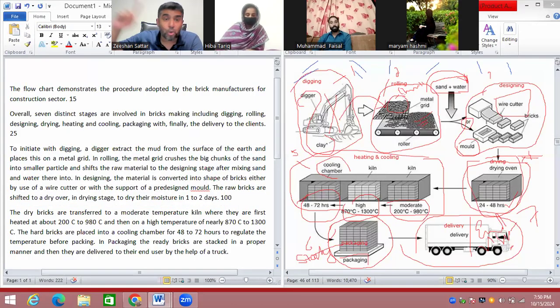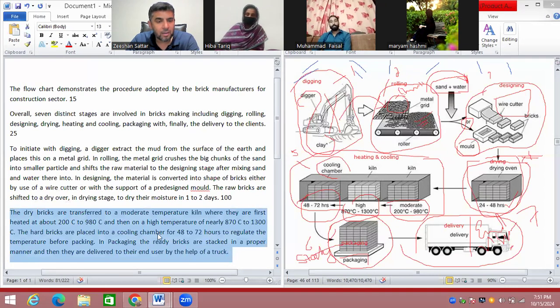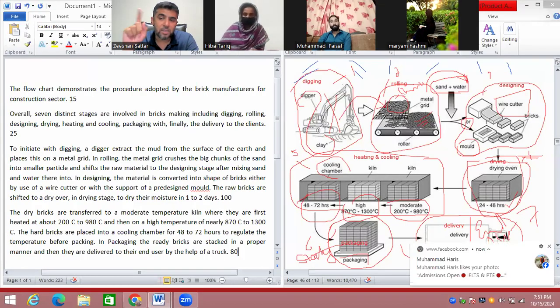The same thing that I told you on day 1 when I started the subject. If somebody did not attend the lecture, go to YouTube or Google and type how to write IELTS writing task 1 summary by Zeeshan, and you will get the whole bifurcation of the 4 paragraphs along with the time we need to spend, the words there will be, and the formulas of writing. So 100, and then 80 is in the second paragraph. If we follow the formula, the explanation paragraph 1, meaning para 3, will contain 100 and para 4 will contain about 80 words.